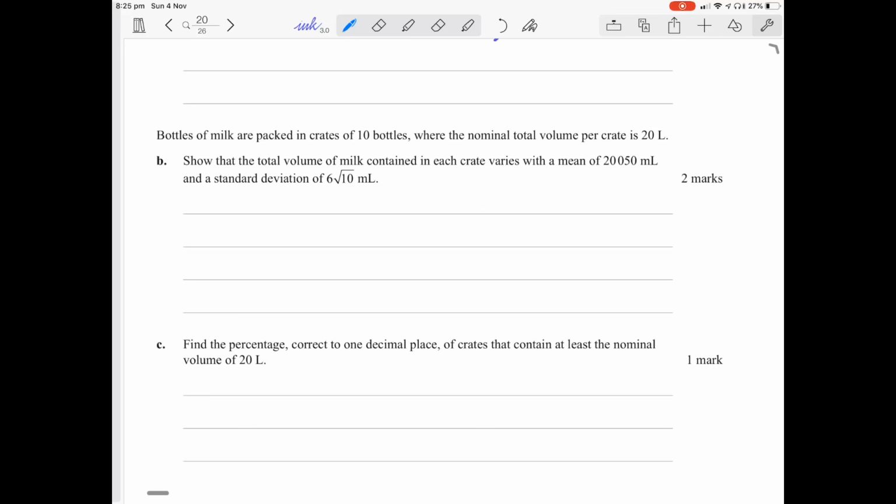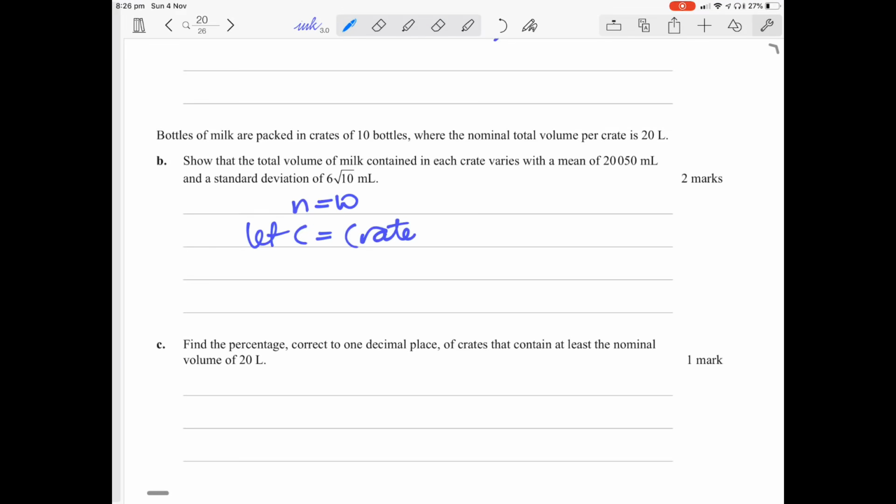Okay, bottles of milk are packed in crates of 10 bottles when the nominal value per crate is 20 litres. Show that the total volume of milk contained in each crate varies with a mean of 20,050 and a standard deviation of that. So n equals 10 in a bottle. Let C equal a crate.